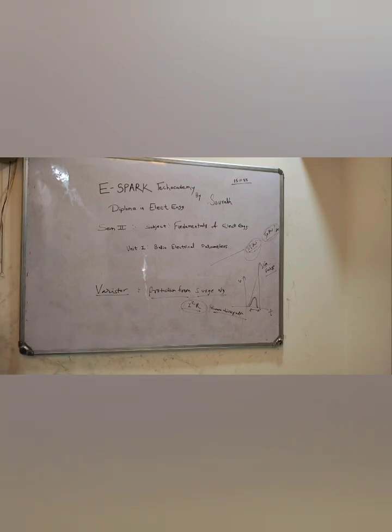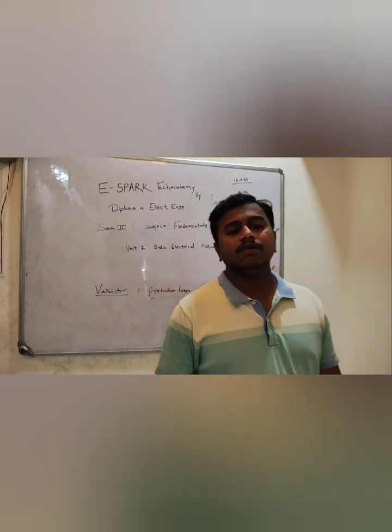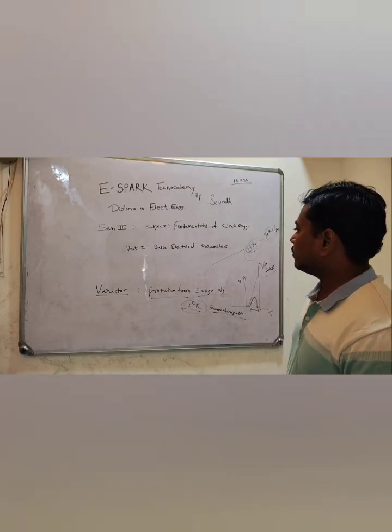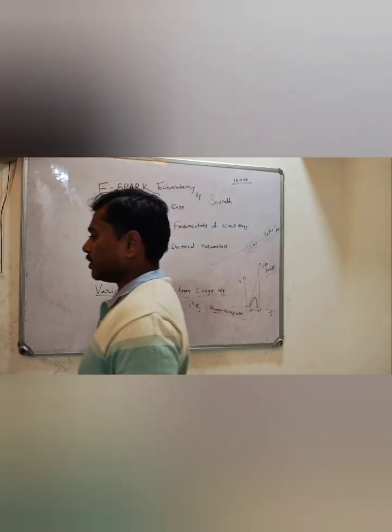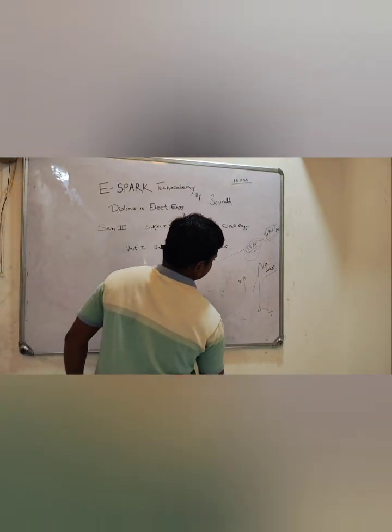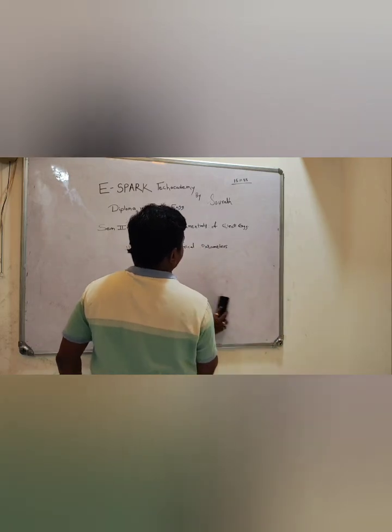Now I will explain the effects of electric current: heating effect, magnetic effect, and chemical effect. Heating effect is nothing but, as I have explained earlier, the I square R loss, the power dissipation loss for a particular time period.